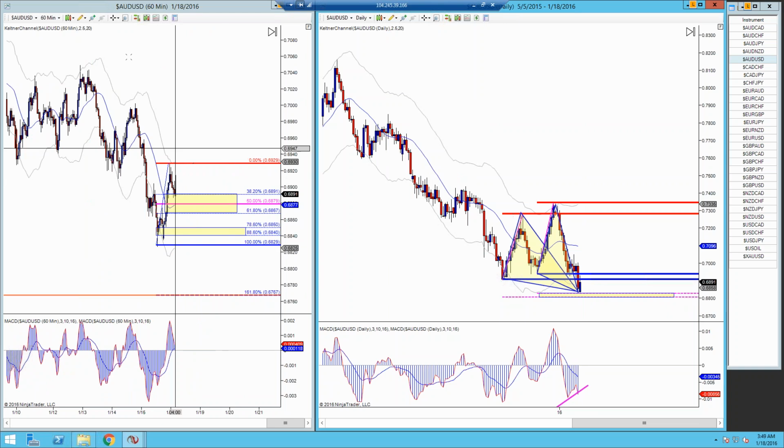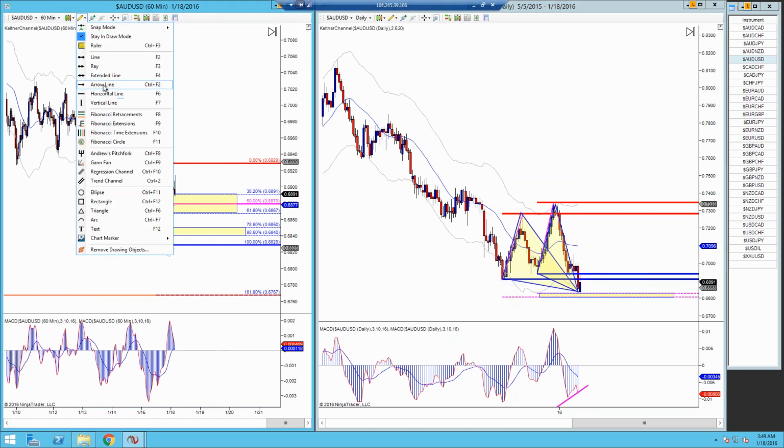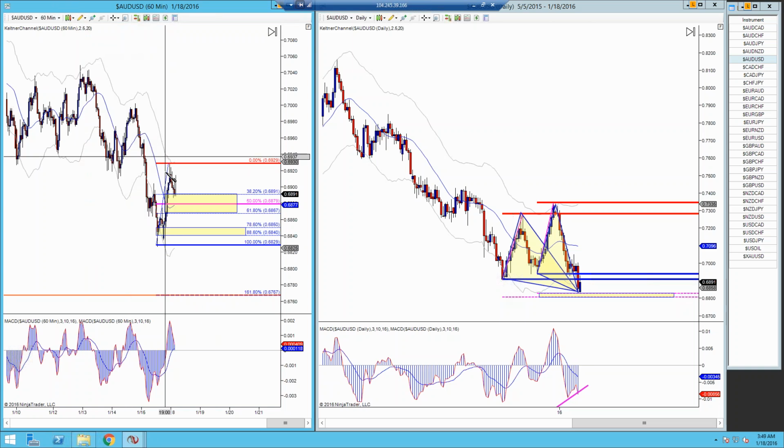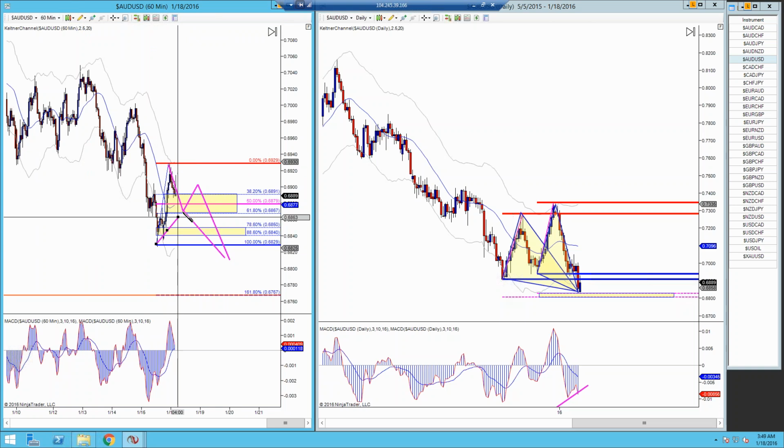So on the hourly chart, you have to allow the fact that you may have a pattern come in. So what if the market does this? What if it does that? What if it does this? What if something like this happens?